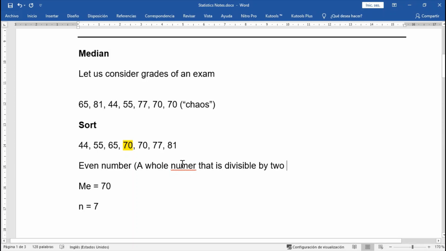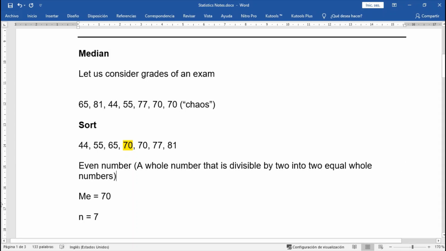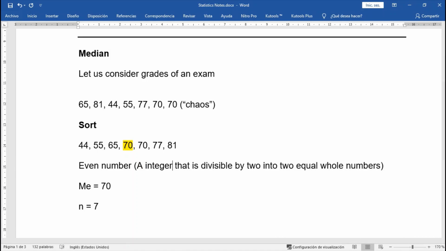A whole number that is divisible by 2 into 2 equal whole numbers. That is an even number. A whole number, or we can say also an integer, that is divisible by 2 into 2 equal whole numbers.